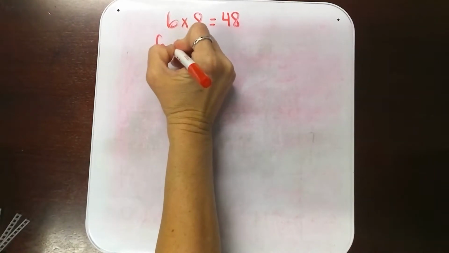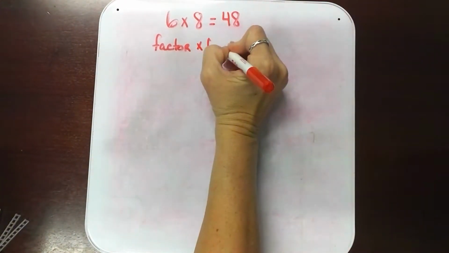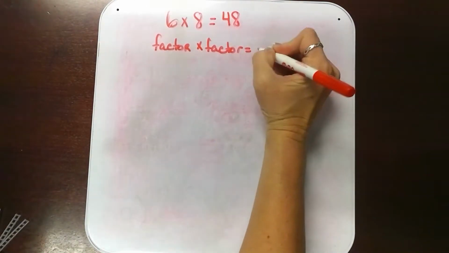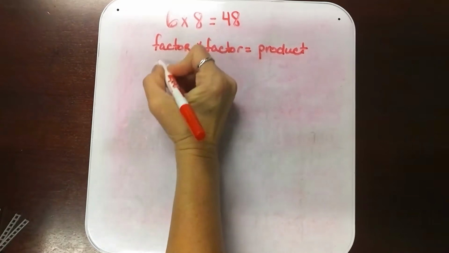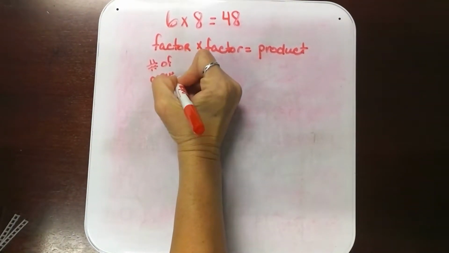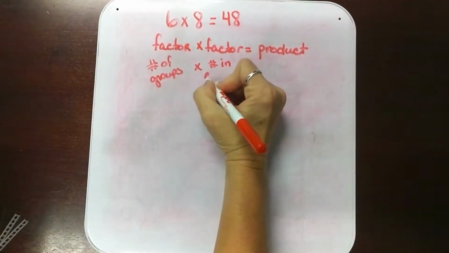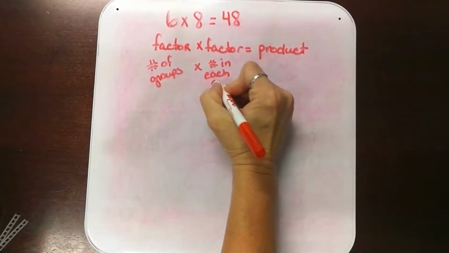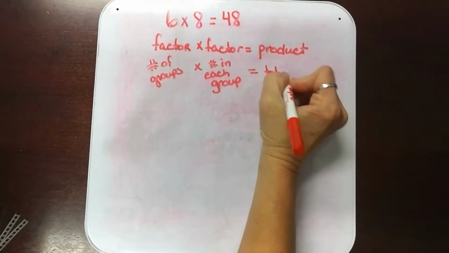Factor times factor equals product. We talk about this is number of groups times number in each group equals the total number.